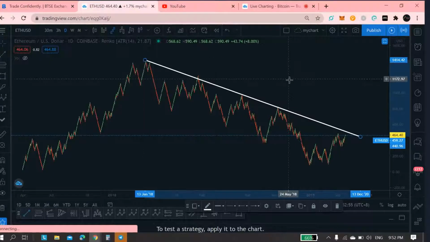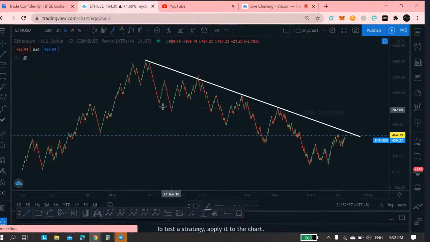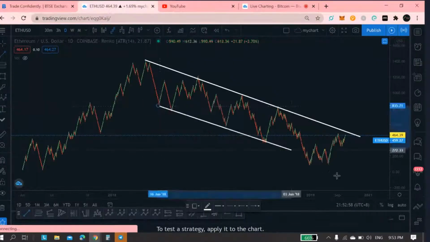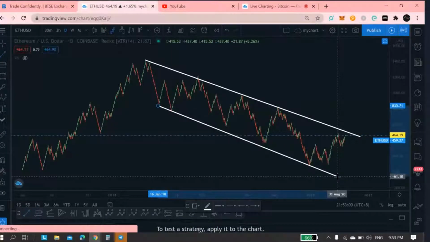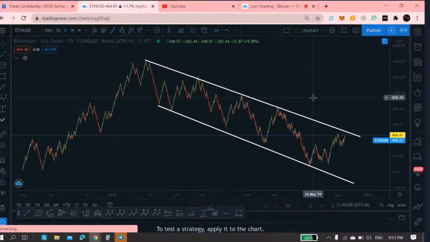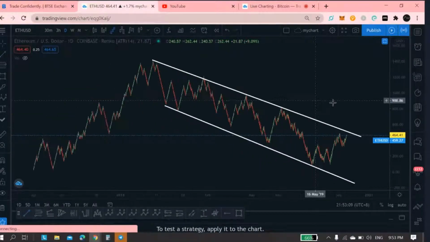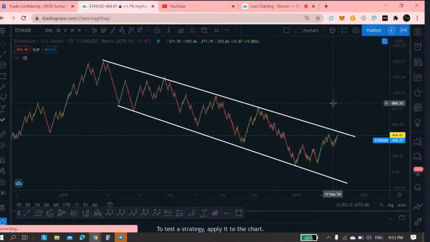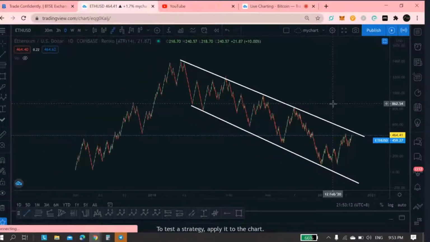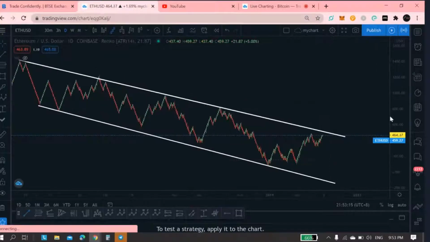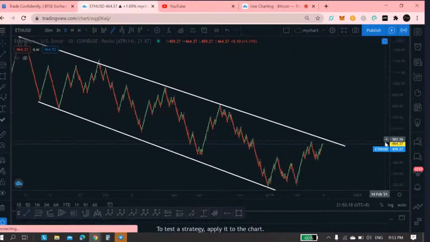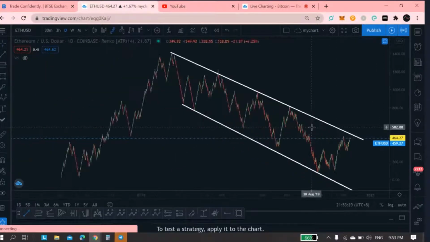And normally exchange charts have candlesticks. So actually, this is what I'm expecting for Ethereum.